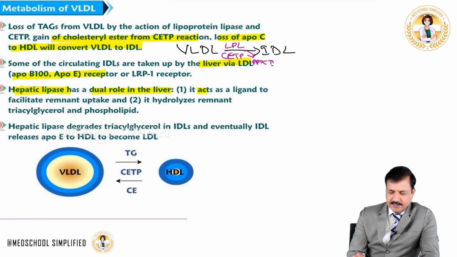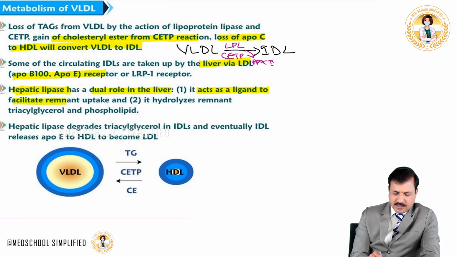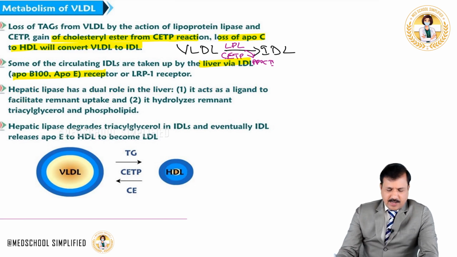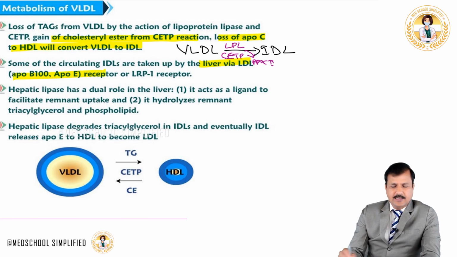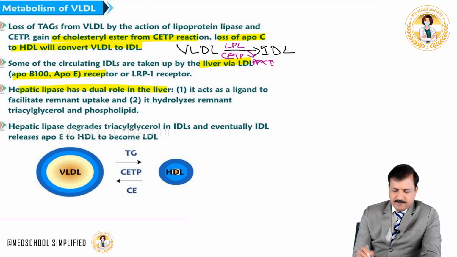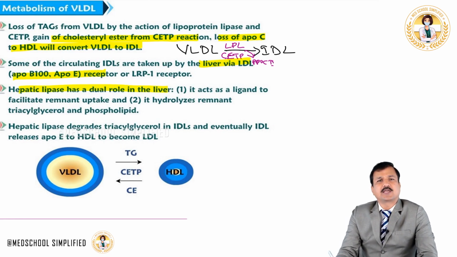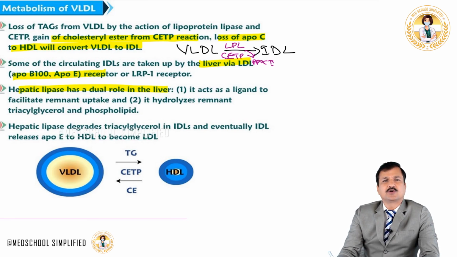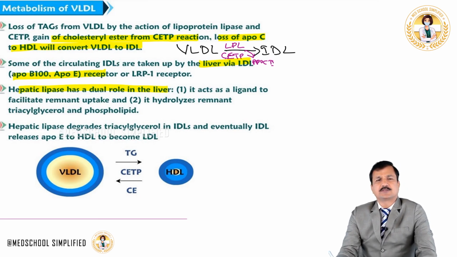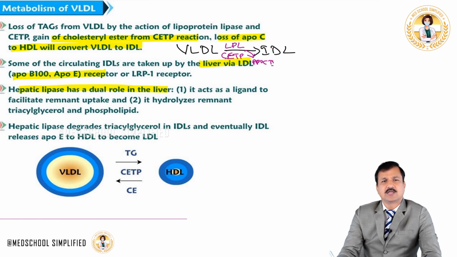One is it acts as a ligand to facilitate uptake of remnants. Now the hepatic lipase, which is present over the hepatocyte membrane, has a dual role in the liver. Hepatic lipase can act as a ligand to facilitate uptake of remnant receptor through LRP1, and it also degrades triacylglycerol and phospholipid present in the remnants, that is IDL and chylomicron remnant.